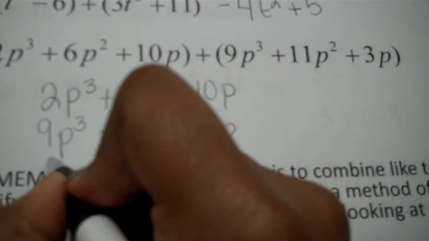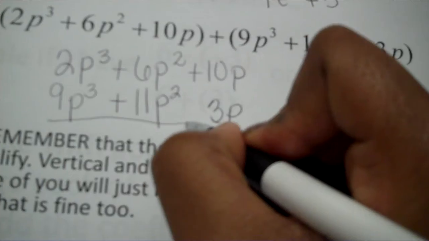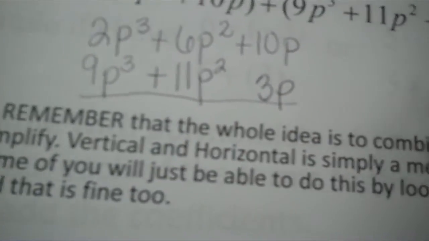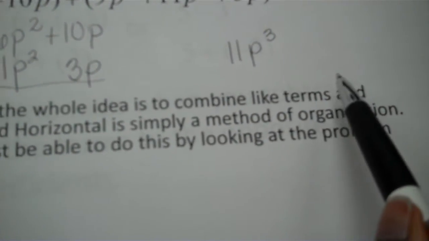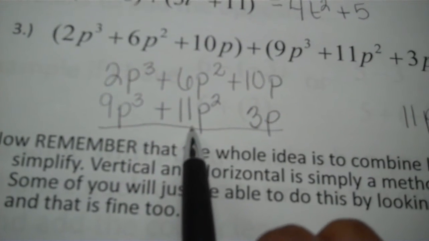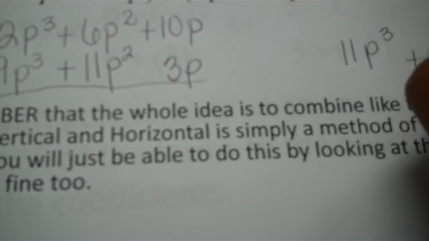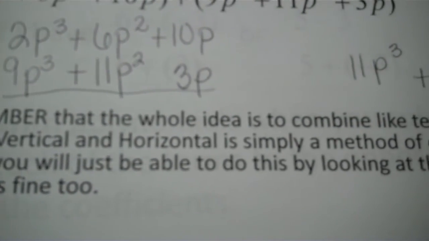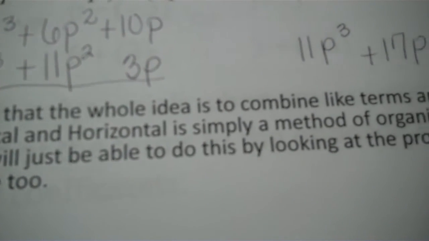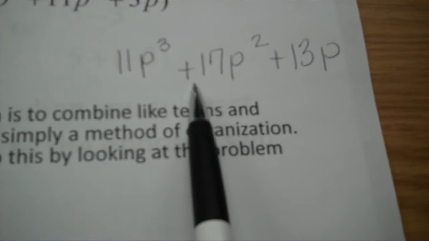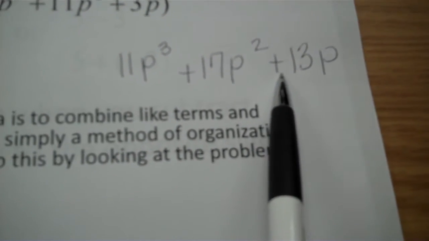So now I'm going to add these two expressions together. So 2 plus 9 is 11p cubed. I have to come over here because I ran out of room. 6 plus 11 is 17p squared. And 10 plus 3 is 13p. This is your final answer. 11p cubed plus 17p squared plus 13p.